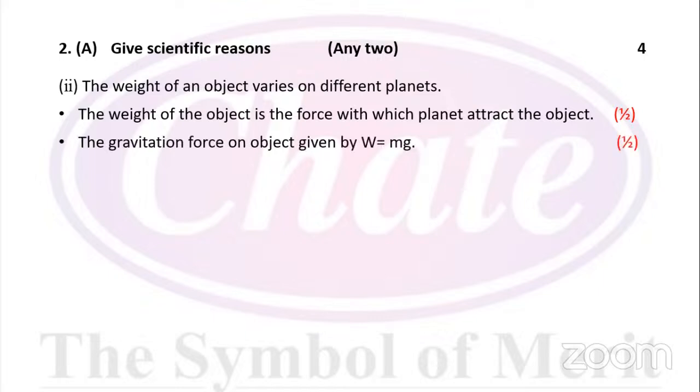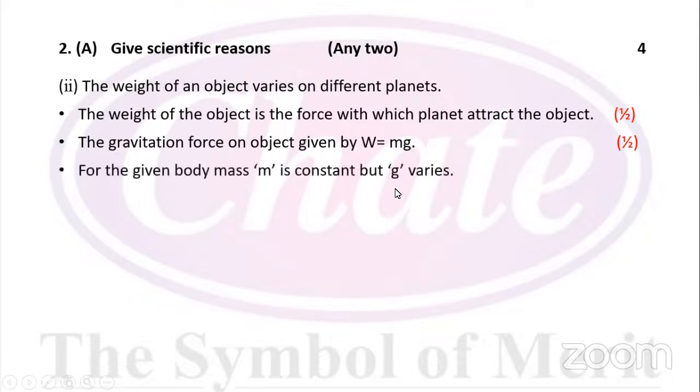The gravitational force, that means weight, its formula is m into g, that is the mass into gravitational acceleration. Now, for the given body, mass m is constant, but g, the gravitational acceleration, varies. It varies from planet to planet as well as, in case of Earth, from place to place. We know that on the equator and pole region, it is different.